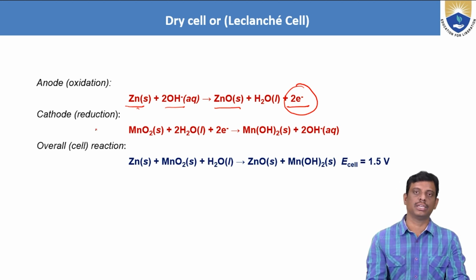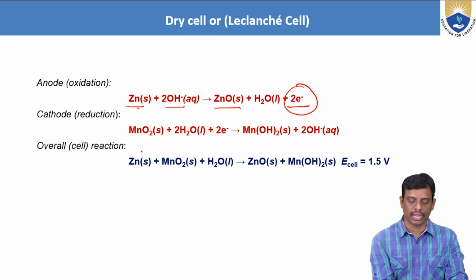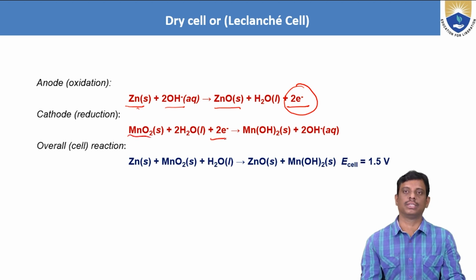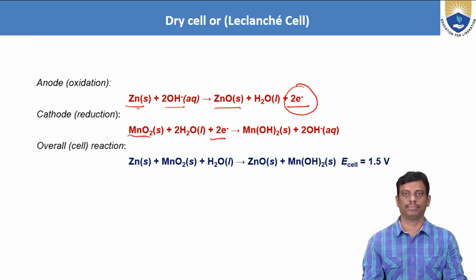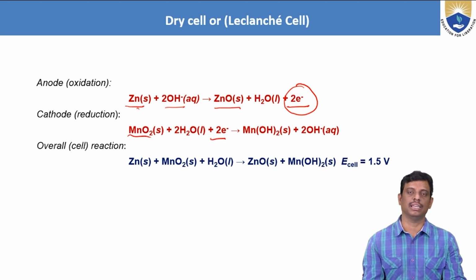In the cathodic reaction, reduction takes place. The manganese oxide gains the electrons at the cathode. Which is the cathode? The graphite rod acts as the cathode in the dry cell.